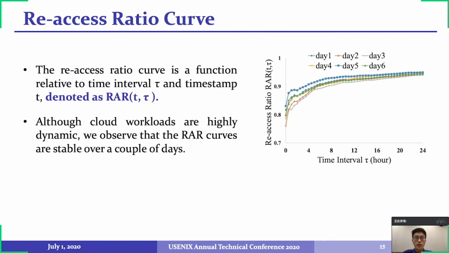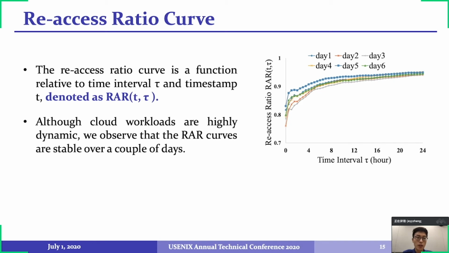From the definition, we can know that the reaccess ratio curve is a function relative to time interval tau and timestamp t. Ideally, we want to obtain the reaccess ratio curve at each timestamp t, which is cost ineffective.